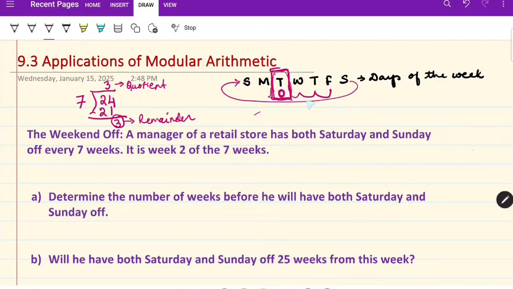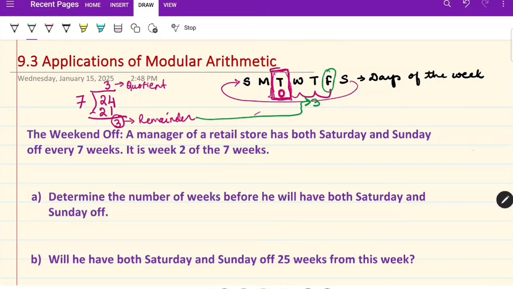So 24 days later, you would be on a Friday. You would be on a Friday. That's 3, and this 3 is really the remainder. You know that by looking at the remainder from the modular operation. So we are going to use this process in order to work through this example.